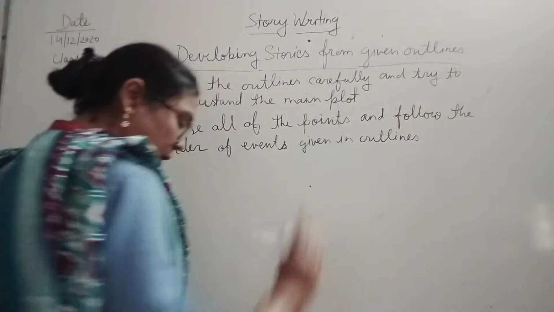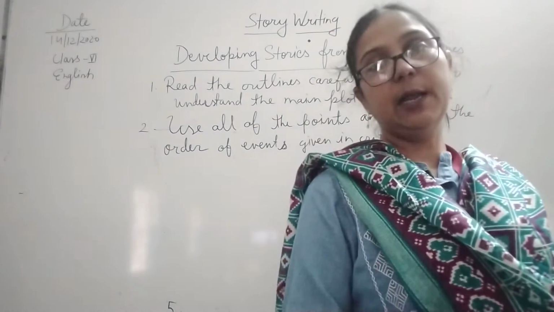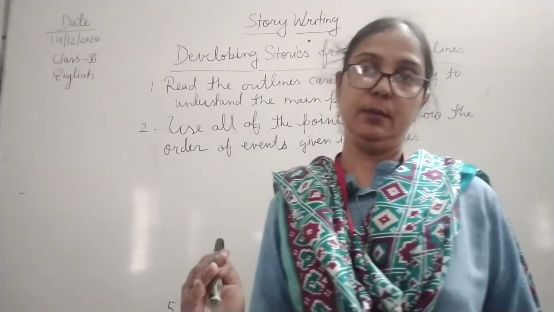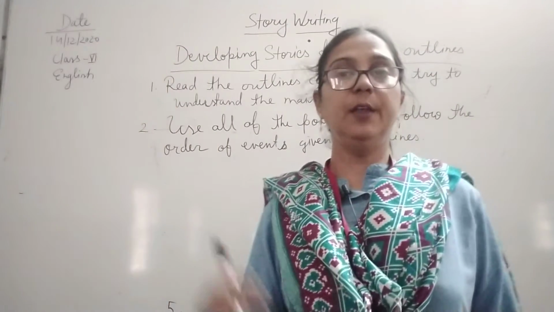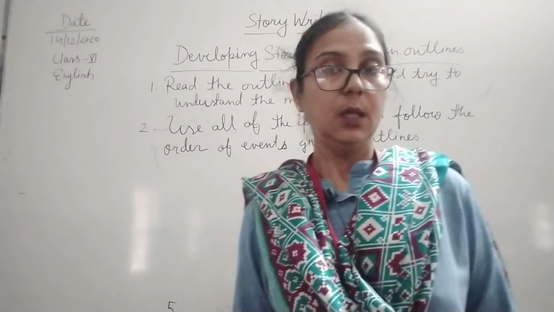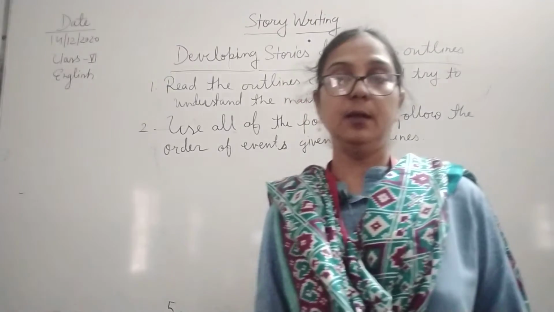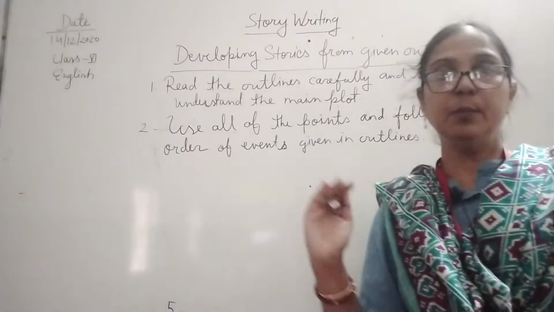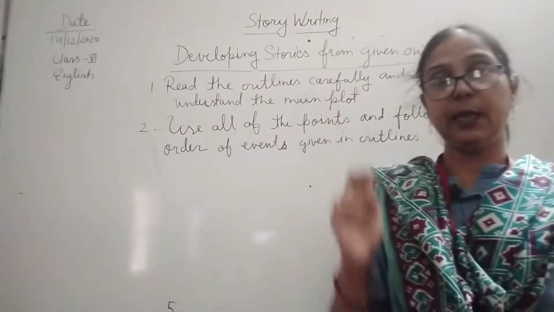Because if in your exam the outlines are given, you have to follow the order. What is written first? There was a king who lived in a castle. Now if the second line is given, you have to narrate the first line, and after that you move to the second line because it is also linked with the first line.